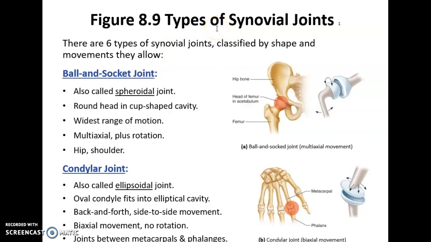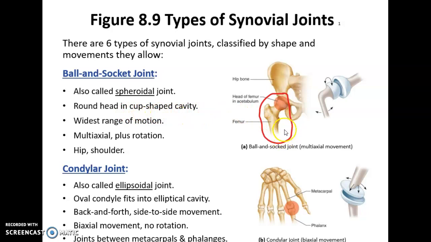Regarding the types of joints, we have 6 types of synovial joints. The most common one is going to be the ball and socket, which is freely movable. Usually it's going to be a diarthrosis. It's also called a spheroidal joint. It's the round head in a cup-shaped cavity.